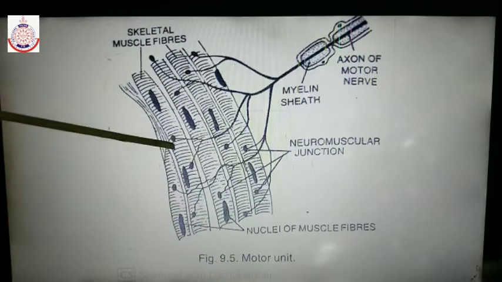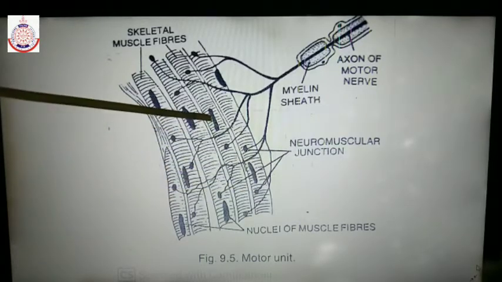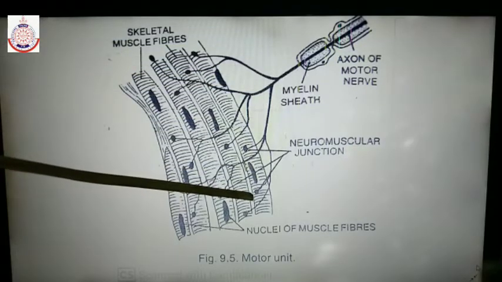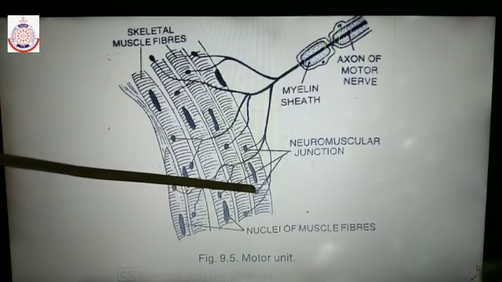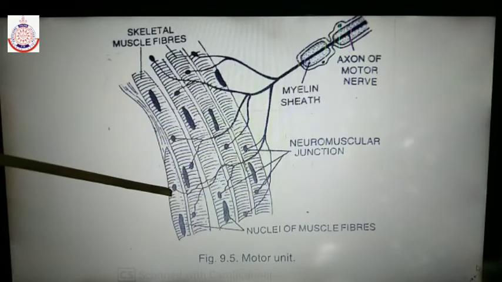The junction means joining, the region where the skeletal muscle fiber and the axon terminal join each other. So the junction between a motor neuron and the sarcolemma.